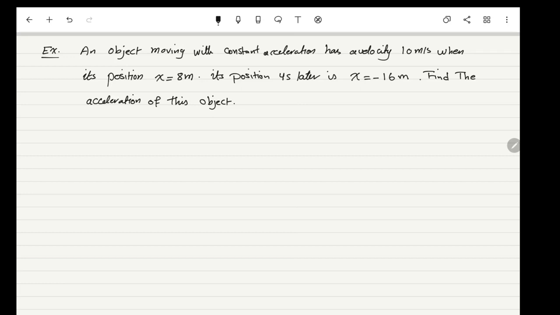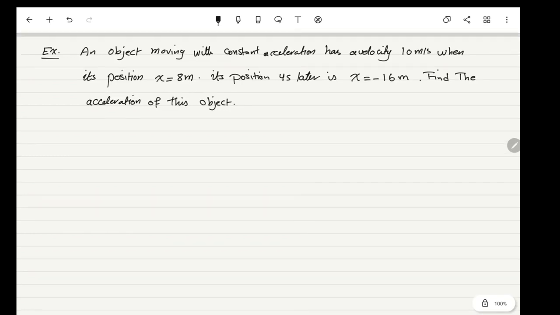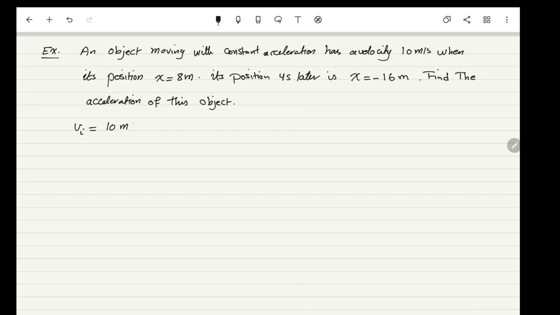Let's set up the given information. v initial equals 10 meters per second. x initial equals 8 meters. x final equals minus 16 meters. Time equals 4 seconds.